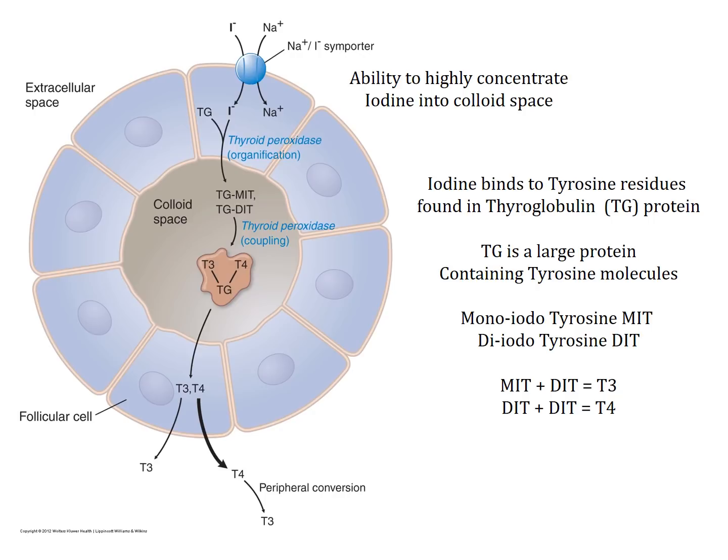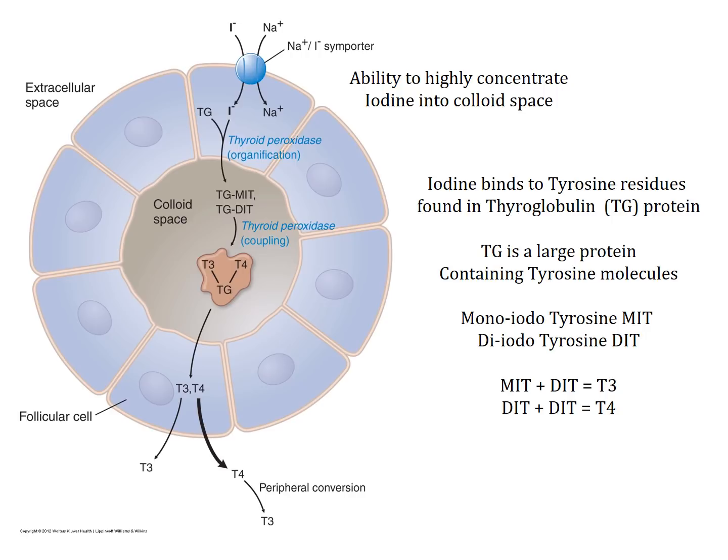Here is a cartoon graphic of the thyroid gland. So we're looking at the colloid gel in the middle, surrounded by those epithelial follicular cells. We have to get iodine out of the diet, absorbed into blood, and we have to get that iodine into the colloid. And that is the job of TSH.